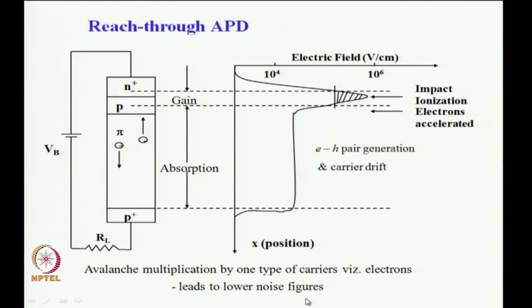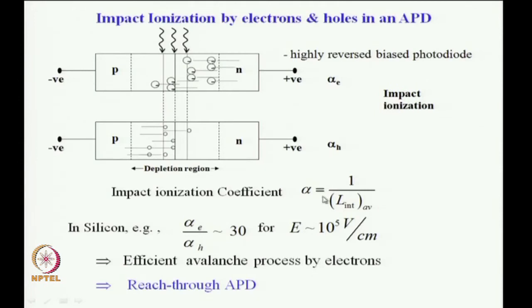In fact, if we look at the previous diagram here, please see that a carrier pair generated here, the electron gets accelerated in this direction, the hole gets accelerated in this direction. As the electron proceeds, it creates additional electron-hole pairs, and the hole proceeding in this direction creates additional electron-hole pairs.